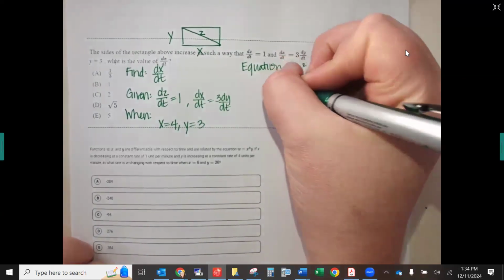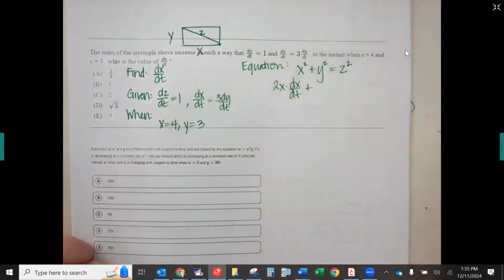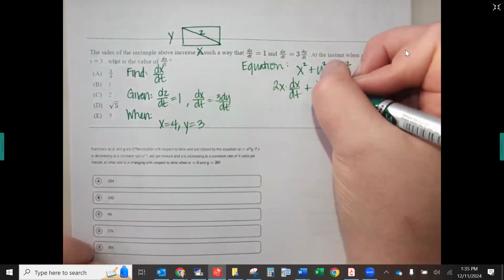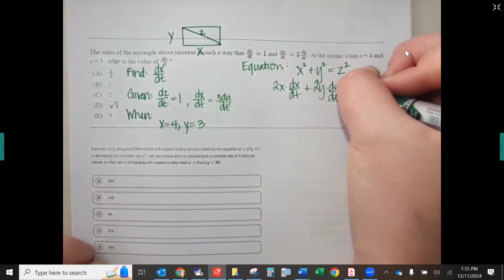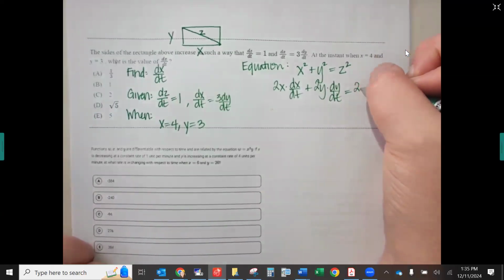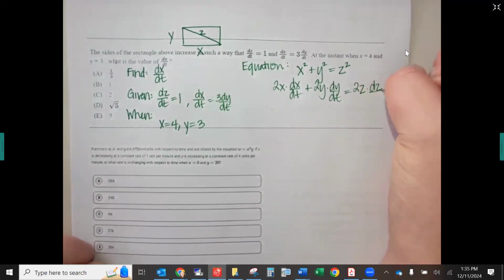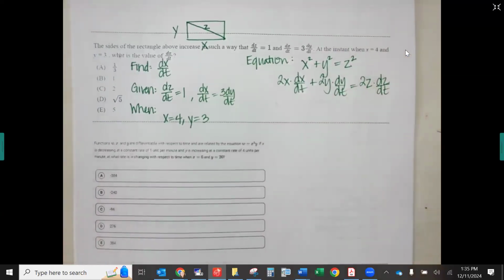Good, 2x dx/dt. Plus y squared, what's the derivative? 2y dy/dt. And then z squared? 2z dz/dt. All right, now we're ready to go in and plug some stuff in. So I know that my x is what value?